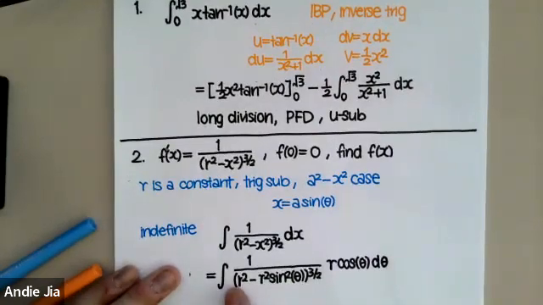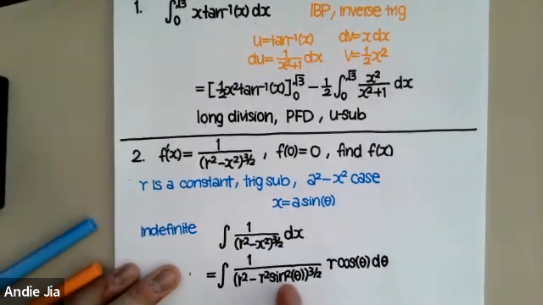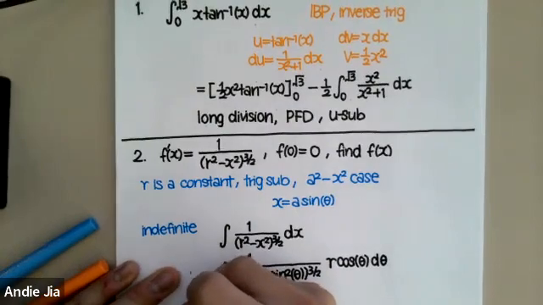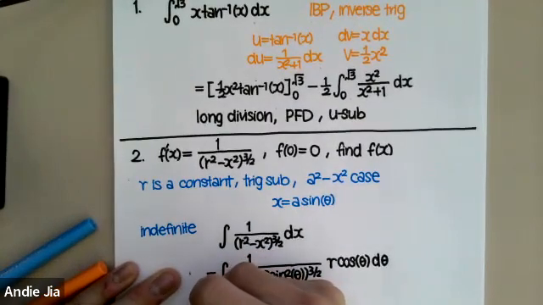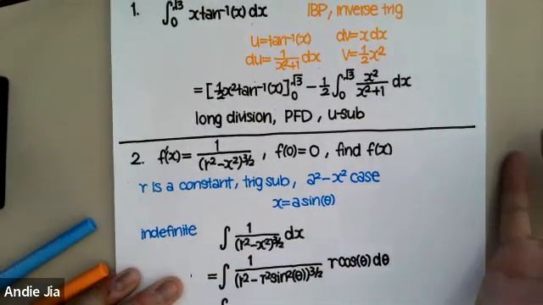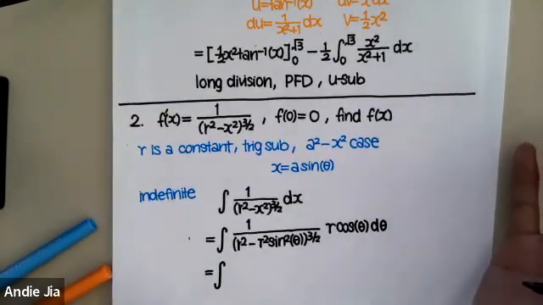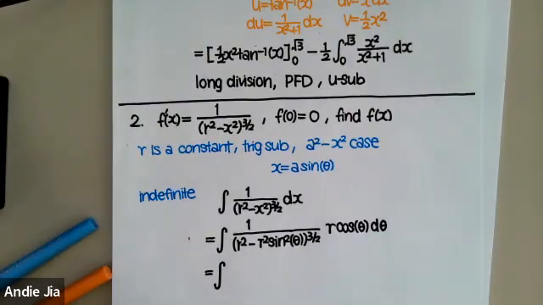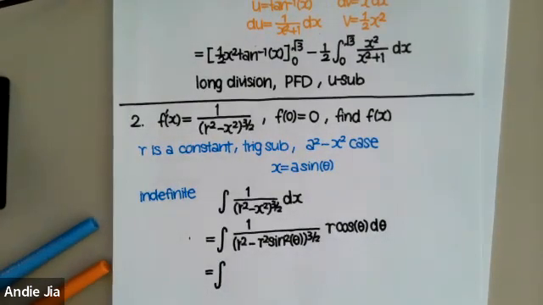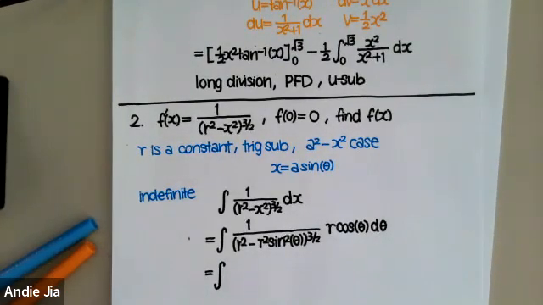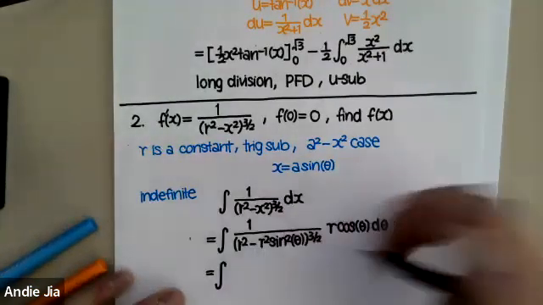And this r squared times 1 minus sine squared is cosine squared, the cosine cubed here. So make sure you know the trig identities here, just remember what is 1 minus sine squared, what is tangent squared plus 1, and what is secant squared minus 1.